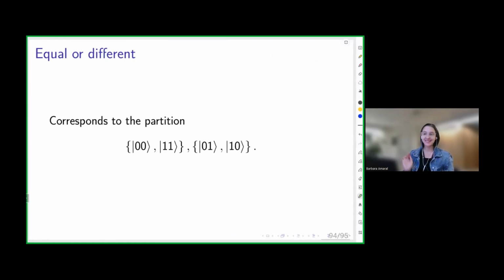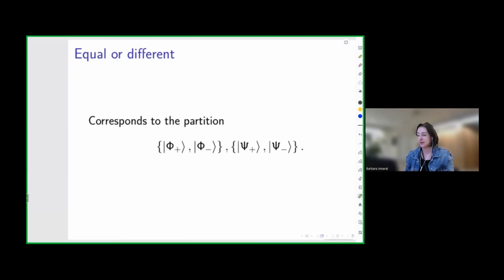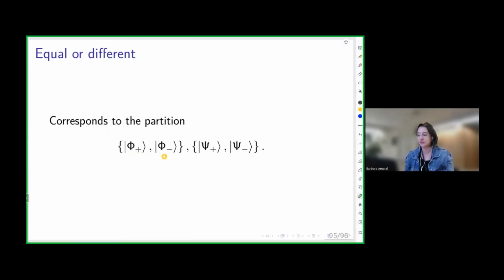Equal or different is another example. I used these here. It is clear what the physical meaning of this measurement is, but there is another way of writing or choosing a basis for these subspaces. I could have as well chosen this here.